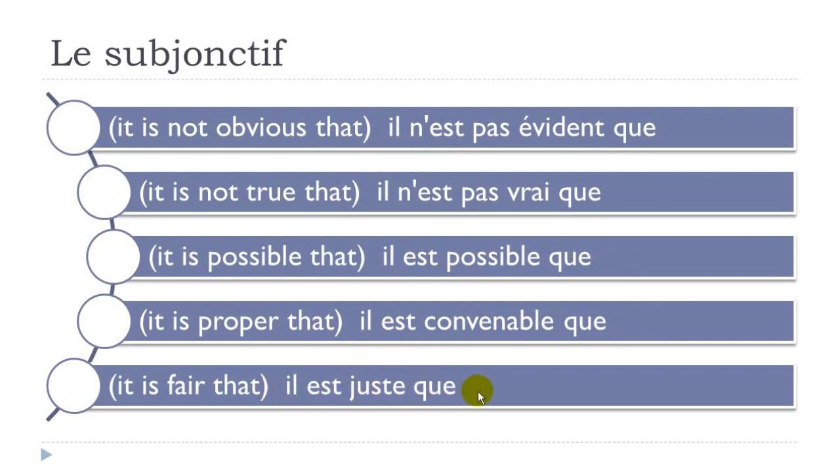Il est juste que. Okay, so one more time: il n'est pas évident que, il n'est pas vrai que, il est possible que, il est convenable que, il est juste que. And all these expressions will be followed by le subjonctif. Okay? So we continue.